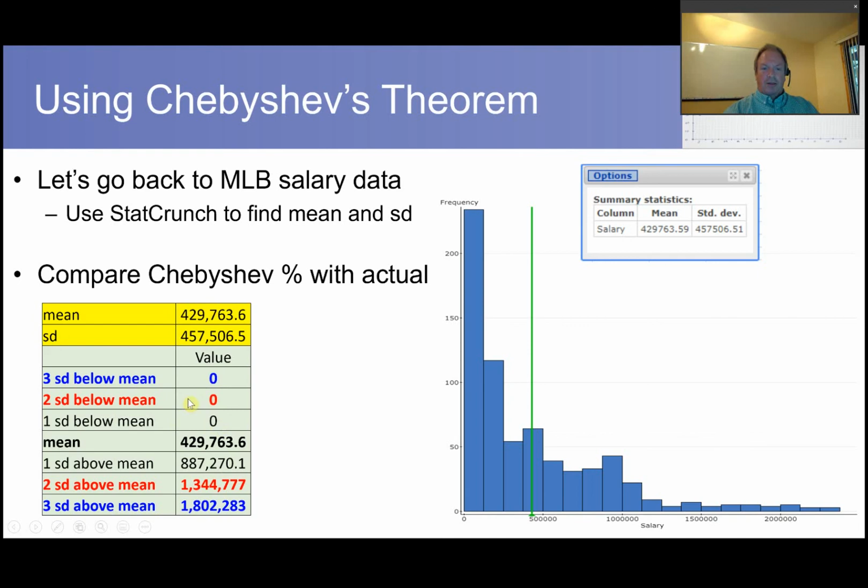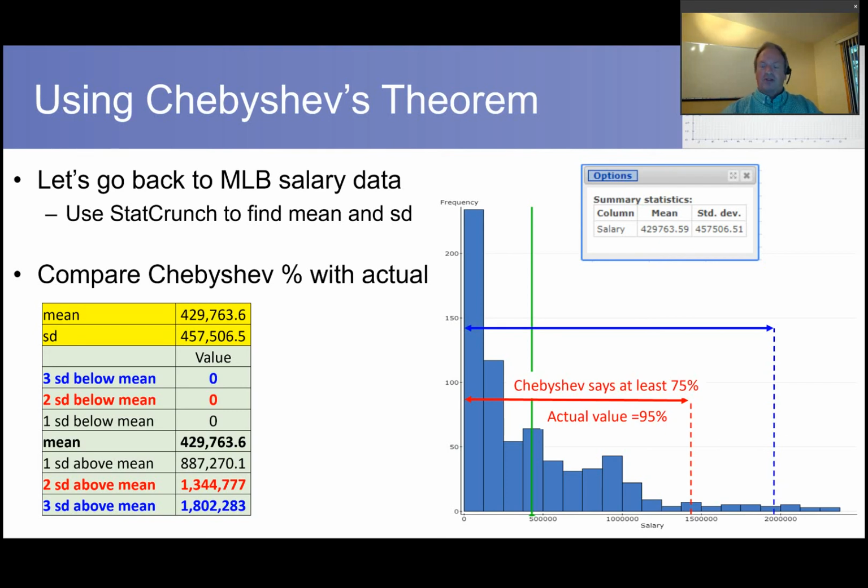So the probability that a randomly chosen person has a salary between 0 and 1,344 is at least 75%. And I'm not going to ask you to use this. It's just kind of a fun thing.